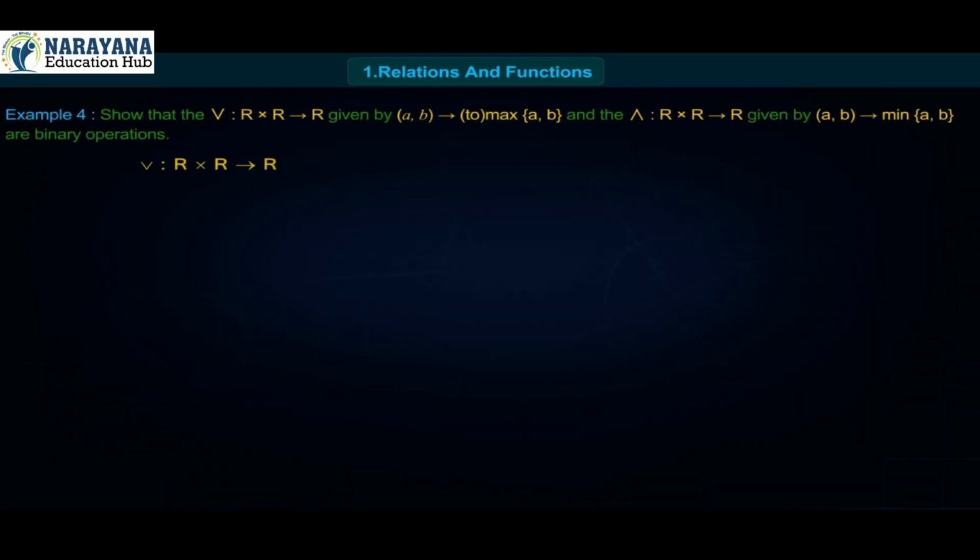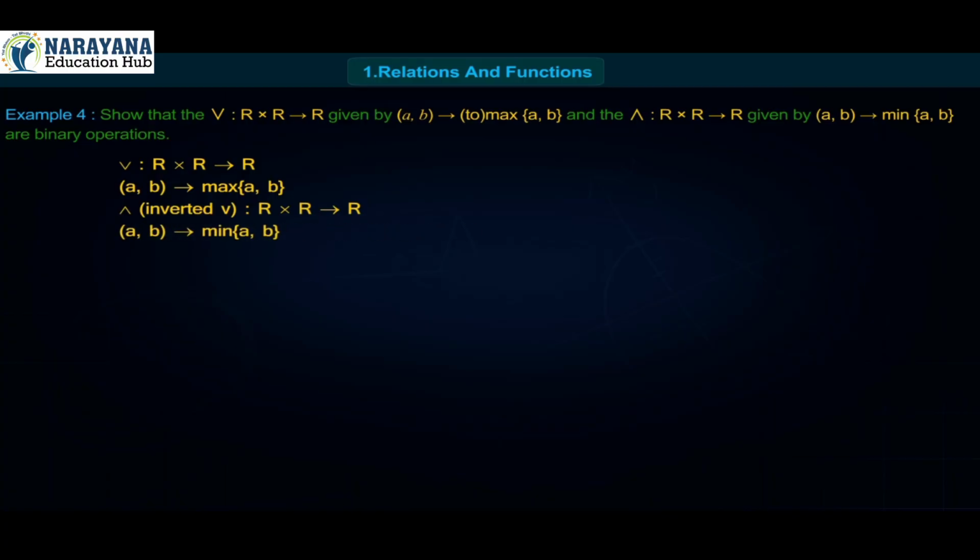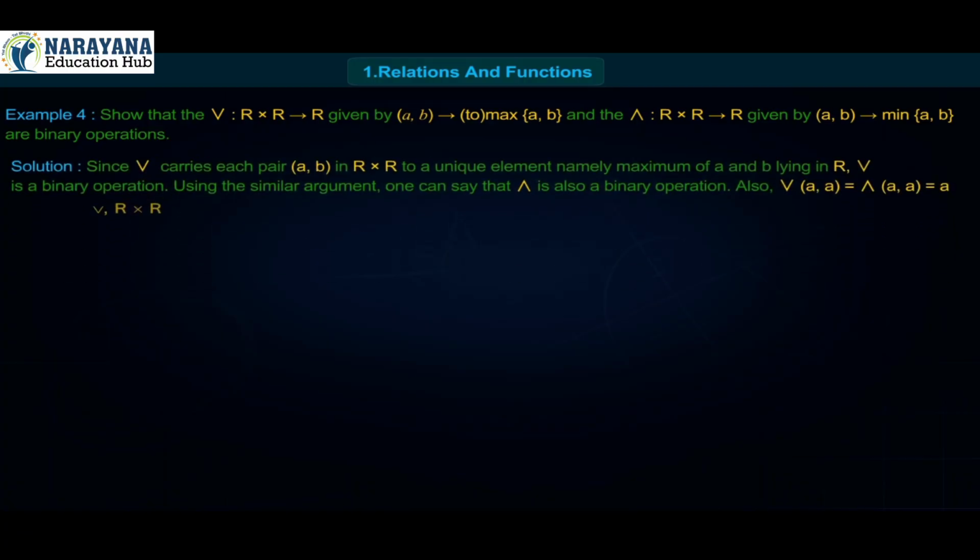Example 4. Show that the maximum operation ∨ from R cross R to R, given by (a, b) goes to maximum of a, b, and the minimum operation ∧ from R cross R to R, given by (a, b) goes to minimum of a, b, are binary operations. Solution.